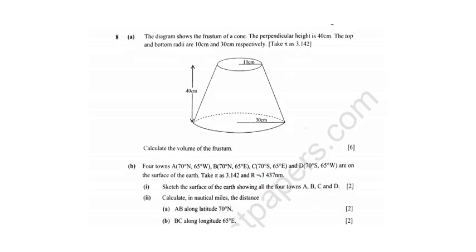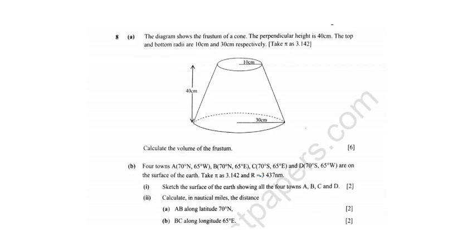So for 8b, 4 towns: A 70 degrees north and 65 degrees west, B 70 degrees north, 65 degrees east, C 70 degrees south, 65 degrees east, and D 70 degrees south and 65 degrees west on the surface of the Earth. Take pi as 3.142 and the radius 3437 in nautical miles. Sketch the surface of the Earth showing all the 4 towns A, B, C and D.